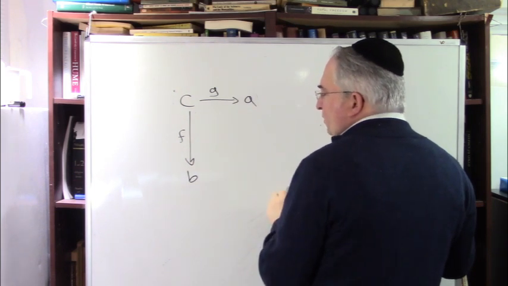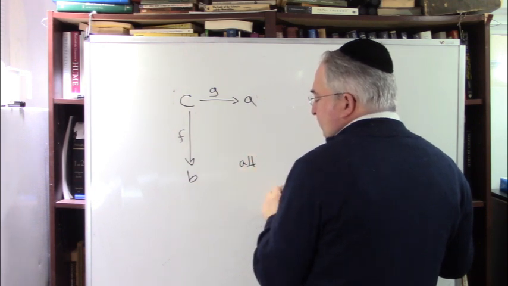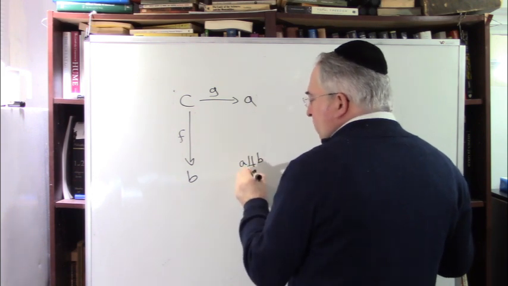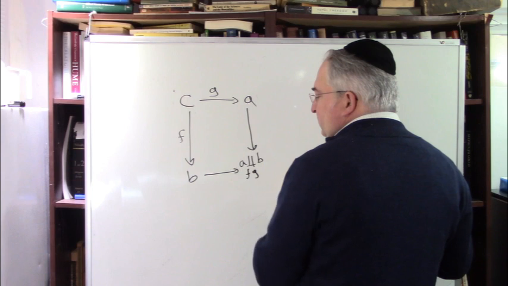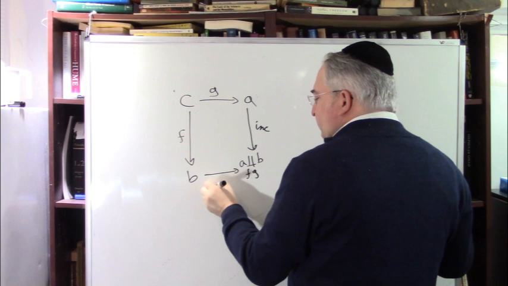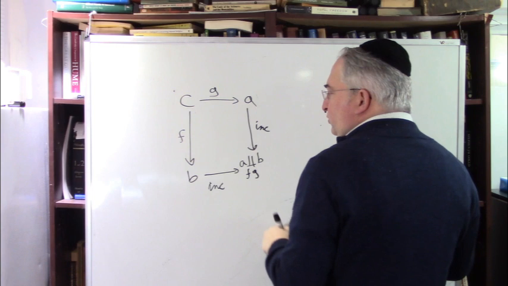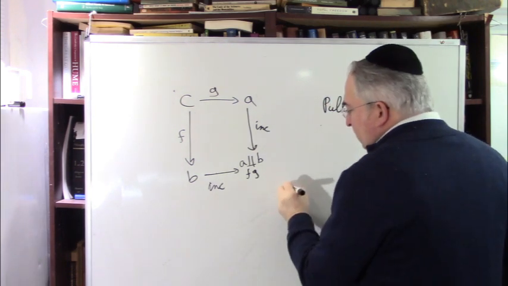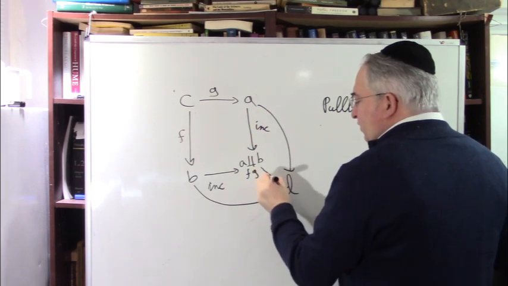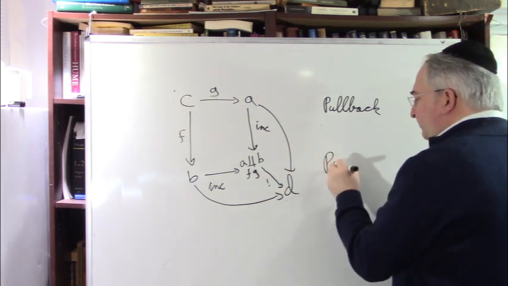We write the co-completion as follows: A disjoint union, or not disjoint, coproduct B, which also has to take into account F and G. We have maps like this to this, which we'll call ink, such that this followed by the inclusion is equal to this followed by the inclusion. And it's universal, which means if there's any other object like this, then there's a unique map like that. That's called the pushout.